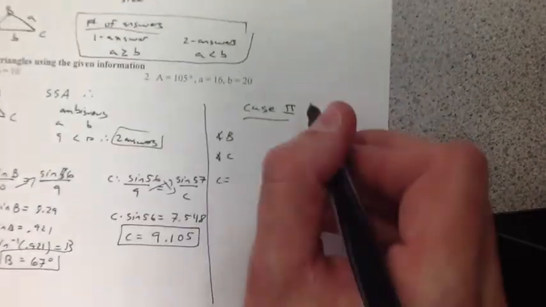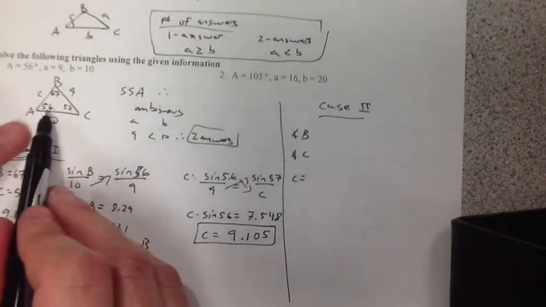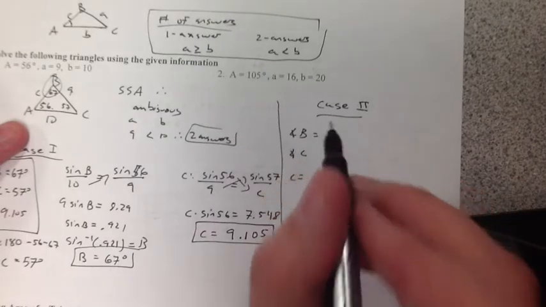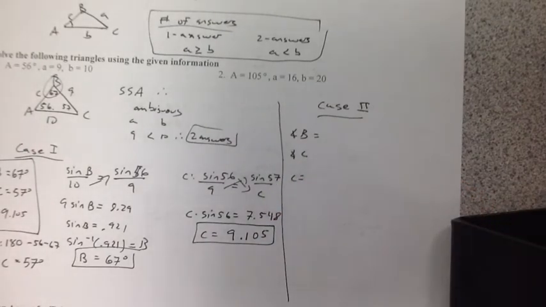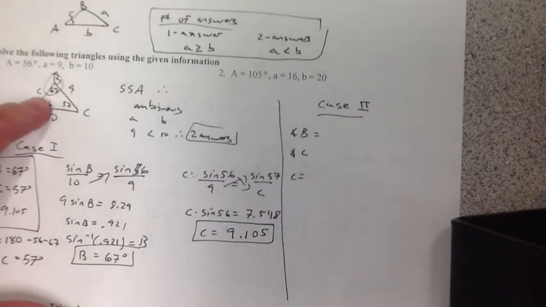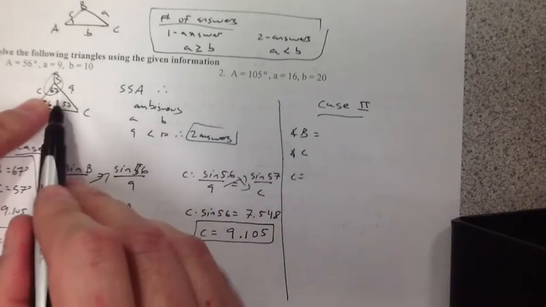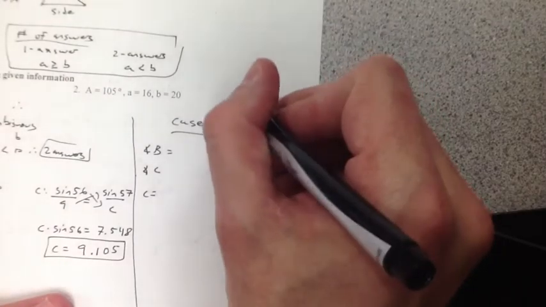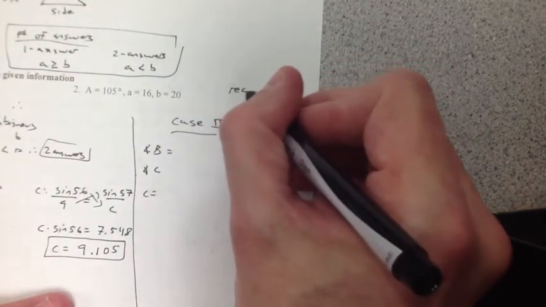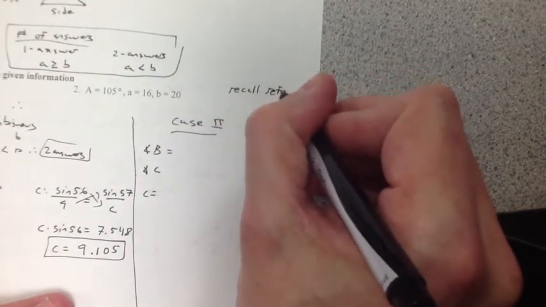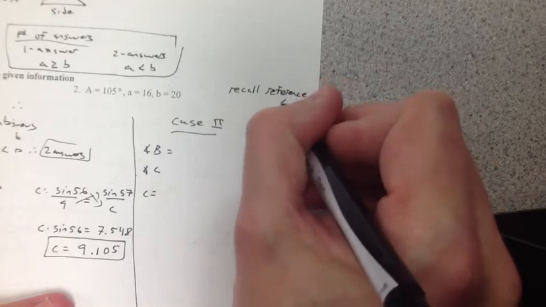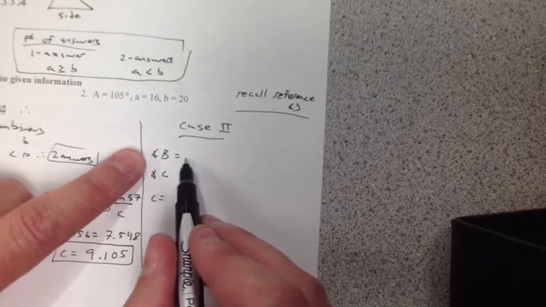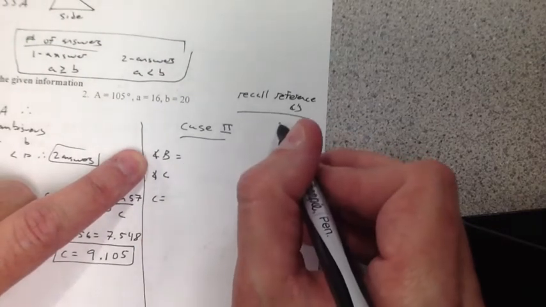But this time, what happens is it's what we did to get angle B. Remember, angle B was 67 degrees. To get the second angle, we have to remember reference angles. There are 2 angles that are equal to 67 degrees.